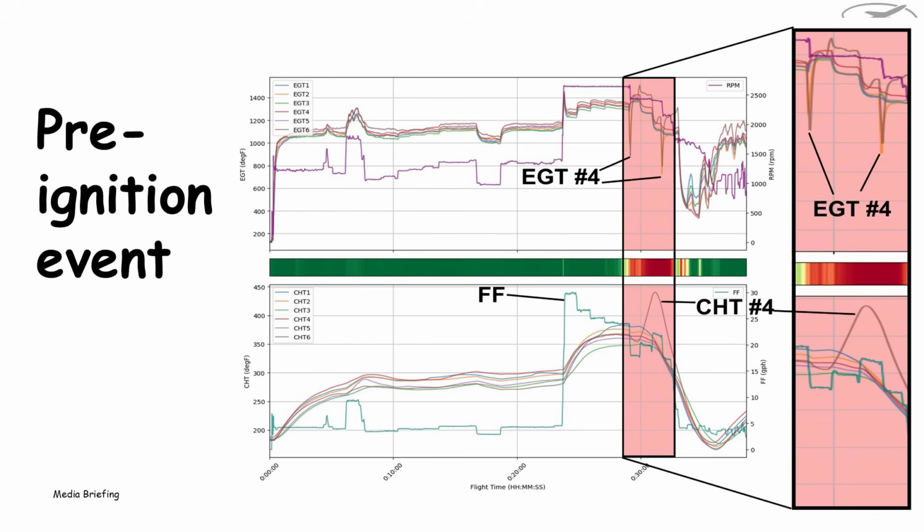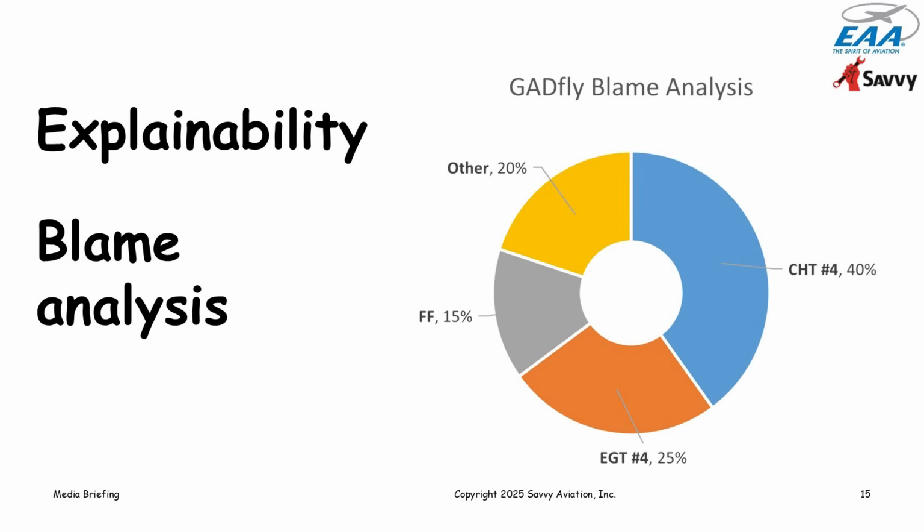So one of the things we did when we developed the GADfly model was to develop it in a way that provides what in AI talk is called explainability. In other words, to try to get the model to explain why it came to the conclusion that it did.